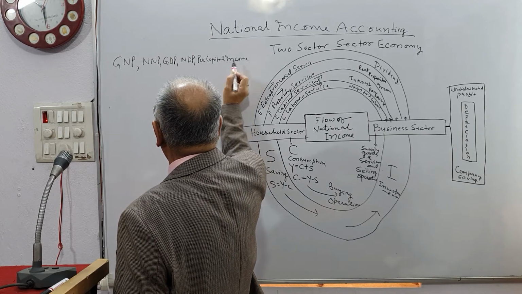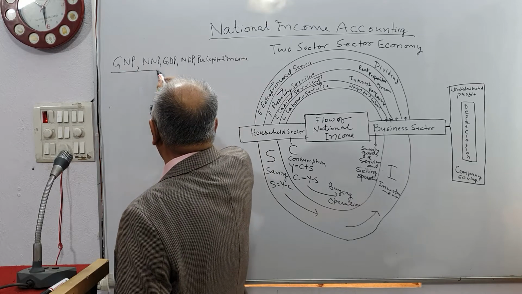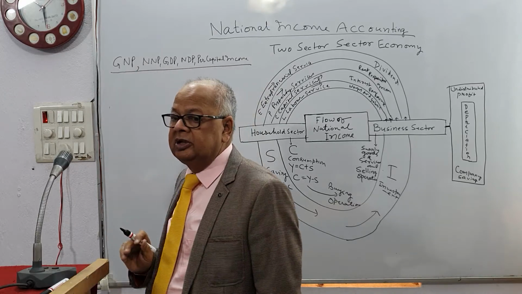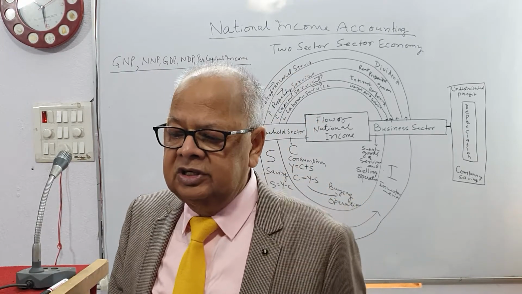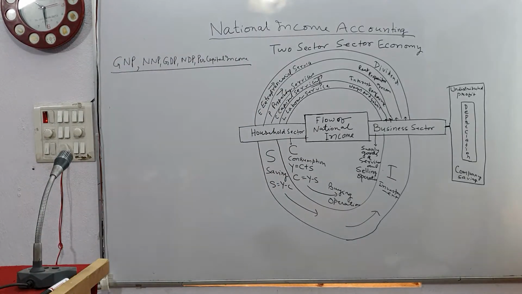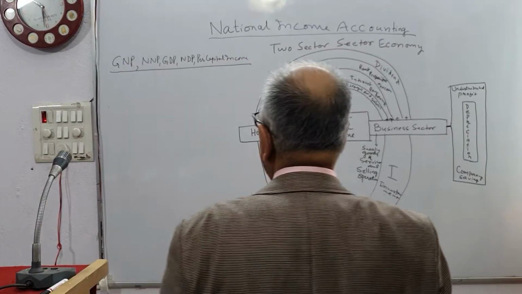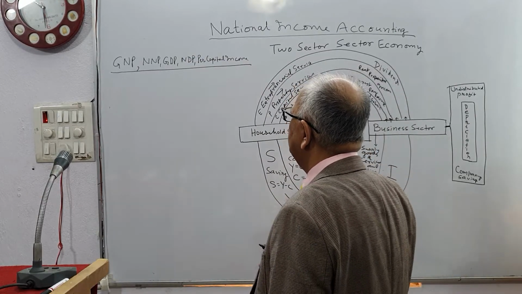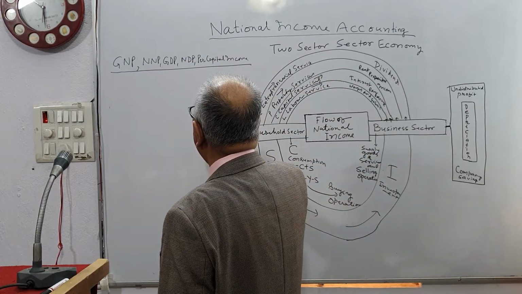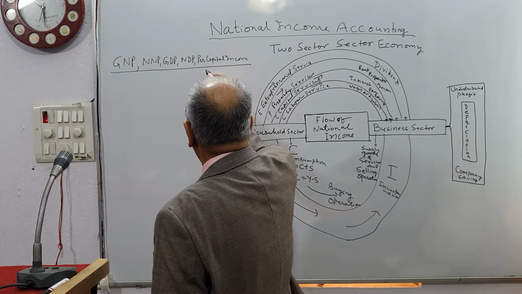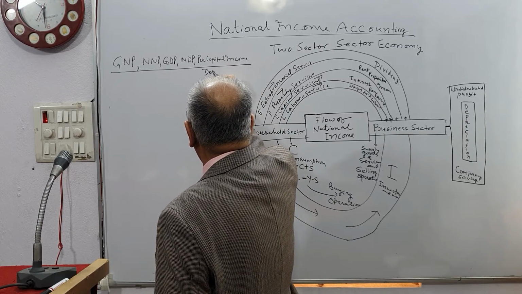All these concepts are based upon this national income accounting, which you see on the board, the flow chart of national income accounting. And we find GNP, NNP, GDP, NDP, per capita income, and depreciation.